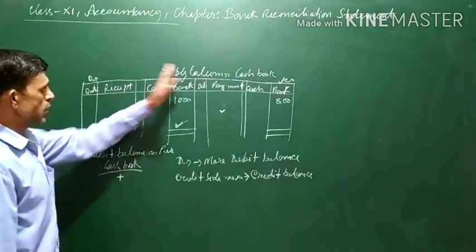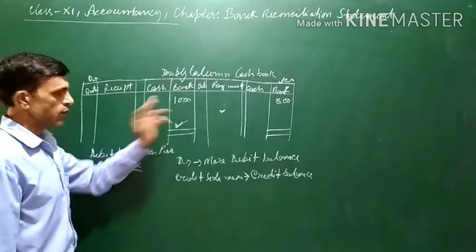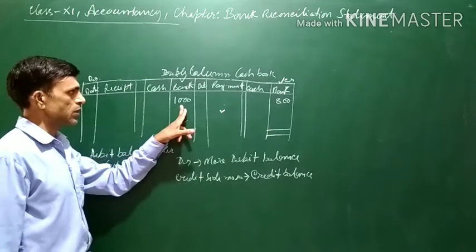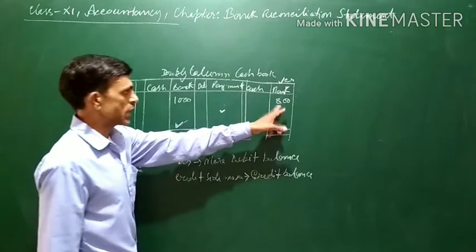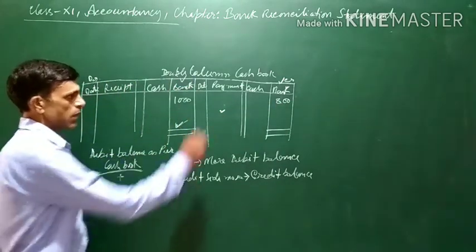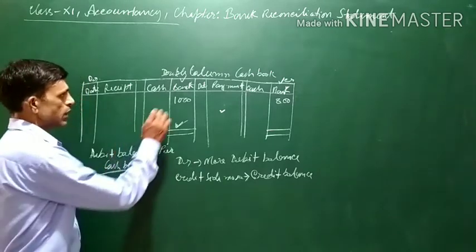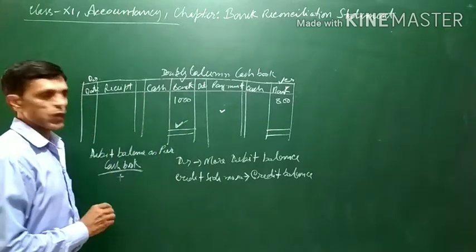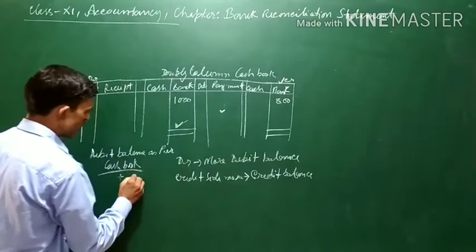Suppose in the double column cash book, the receipt side of the bank column is showing 1000 and the payment side of the bank column is showing 800. So the debit side is more by 200.